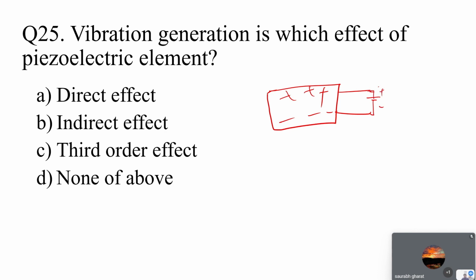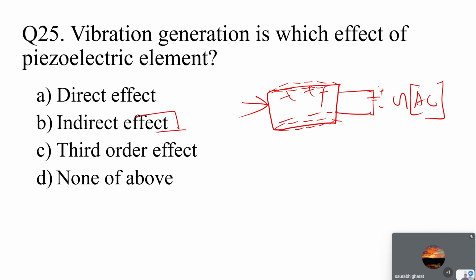Now it will expand and vibrate. If you are providing AC, depending upon the frequency of the current, it will vibrate. This is actually the indirect effect, so this is the correct answer.